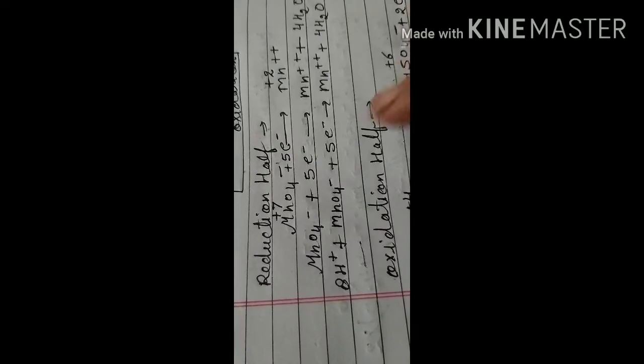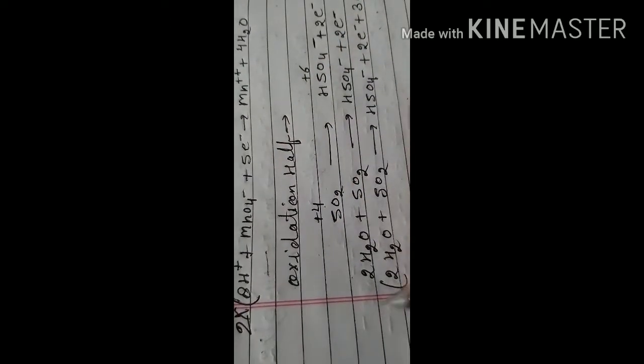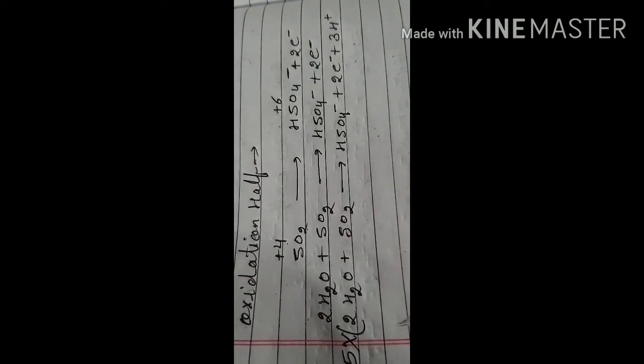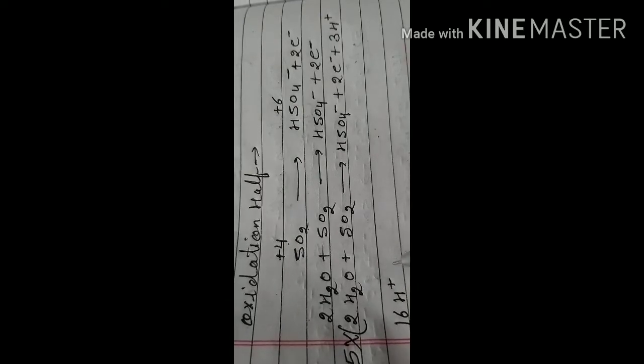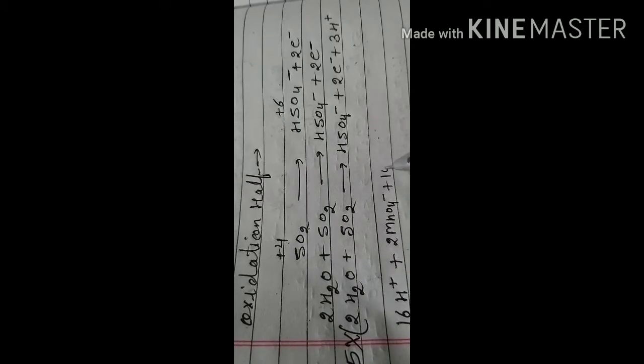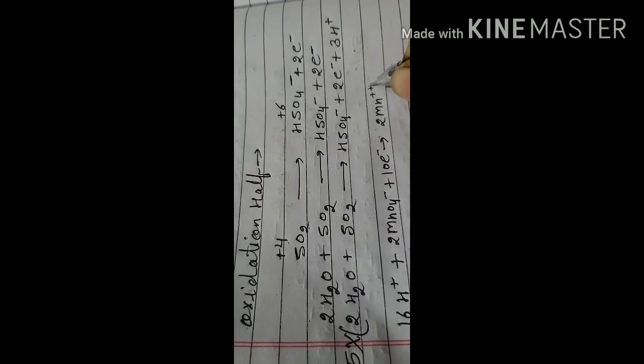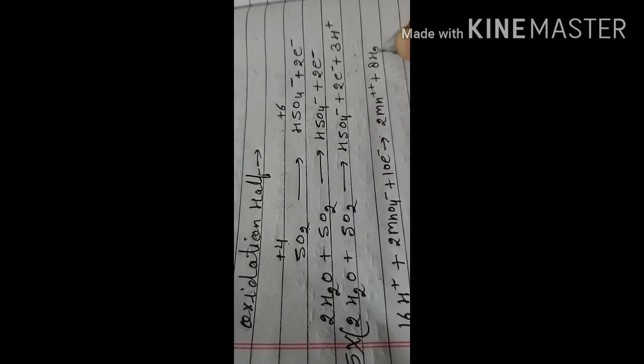Now here we have 2 electrons, but here we have 5 electrons. So this equation must be multiplied by 2 and this one by 5 to bring the same number of electrons, before adding the equations. So first we get 16H positive plus 2MnO4 negative plus 10 electrons, that gives 2Mn2 positive plus 8H2O.